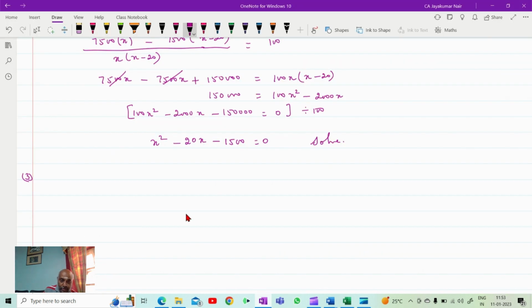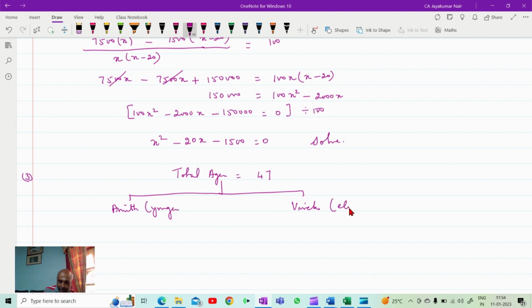We don't know the ages; there are two brothers, this is Amit and this is Vivek, and this fellow is younger and this fellow is elder.